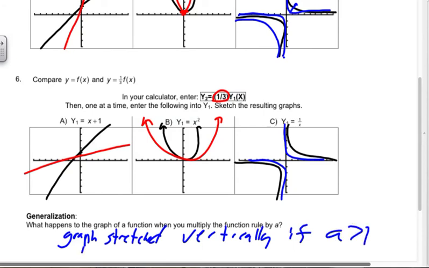It gets compressed vertically if a is bigger than 0 but less than 1, or it's a fraction like what we had on this one. The remainder of these are for you guys to do in class.